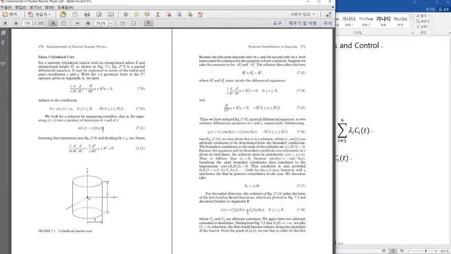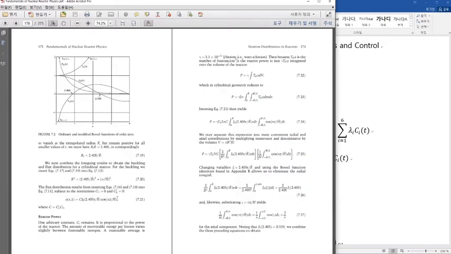Eventually the solution for neutron flux is given here: some constant multiplied with the J0 Bessel function, so in the radial direction we have dependency with the Bessel function, and in the z direction we have dependency with the cosine function.